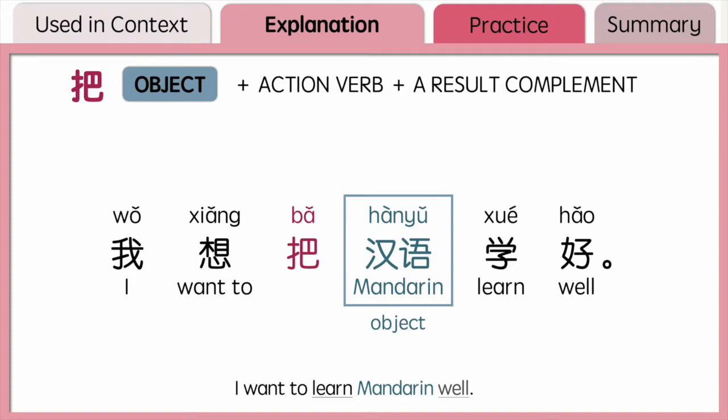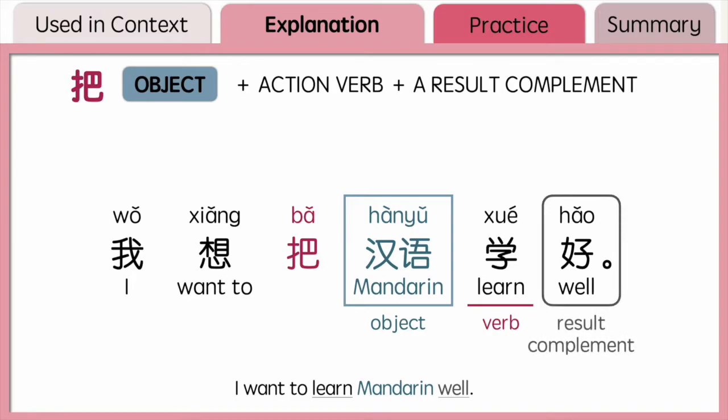Remember, you cannot just leave the action verb hanging at the end of the sentence. 我想把汉语学 sounds very unconventional, so you must add other words to complete the sentence. In this case, it's the result complement 好. Thus, 学好 expresses to learn well. 把汉语学好 expresses to learn Mandarin well.